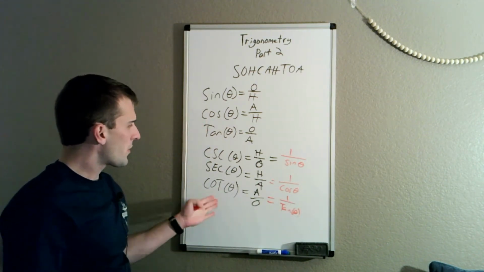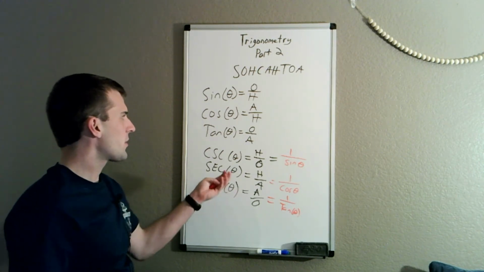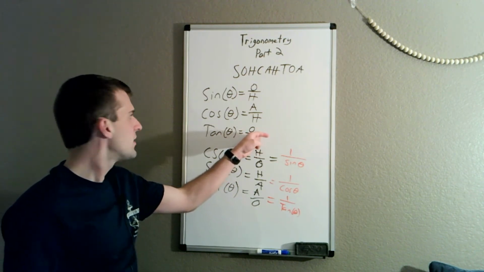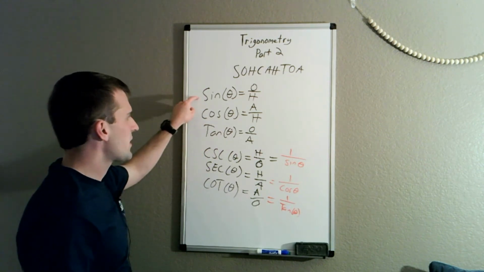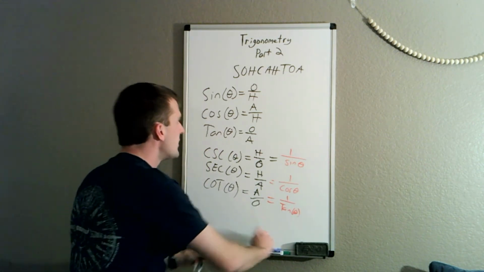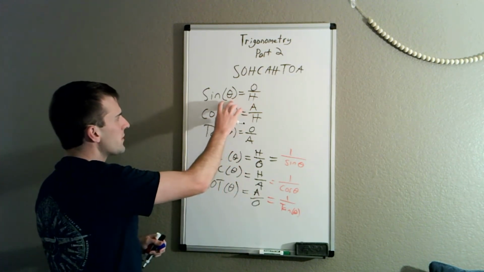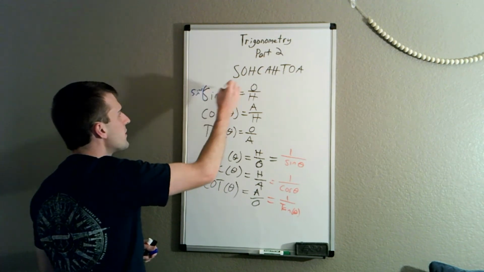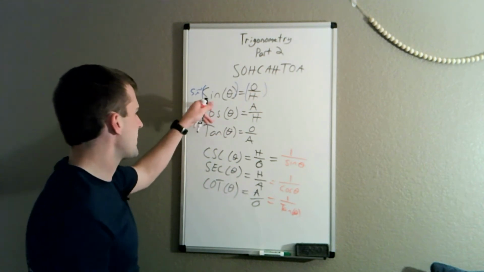And one thing to note with the way I'm describing this, I'm describing it as inverse, and I'm talking about the inverse of the fractions as opposed to the inverse function. So cosecant is not the same as inverse sine. In a previous problem, if we were trying to solve for theta, we would take the inverse sine, so sine to the negative 1, of both sides, and then the signs would cancel out.